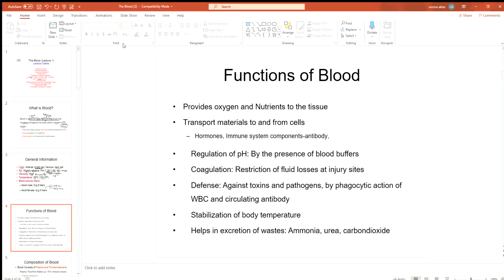Functions of the blood. Blood circulates to transport. This is very important. You know that blood circulates 24 hours continuously, flowing or circulating. To do what? To transport chemicals.